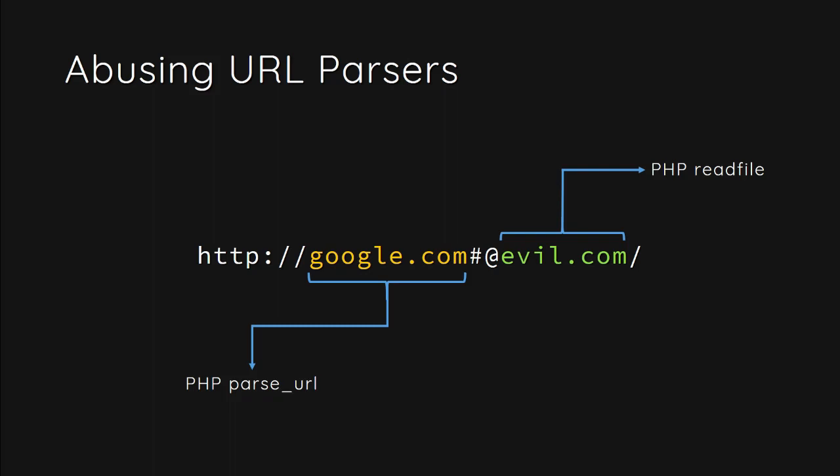This URL perfectly bypasses all the restrictions. But are you curious about which behavior is the right one? Let's make a little survey. If you think google.com is the right one, please raise your hand. Okay, I think the domain evil.com already told you the answer.